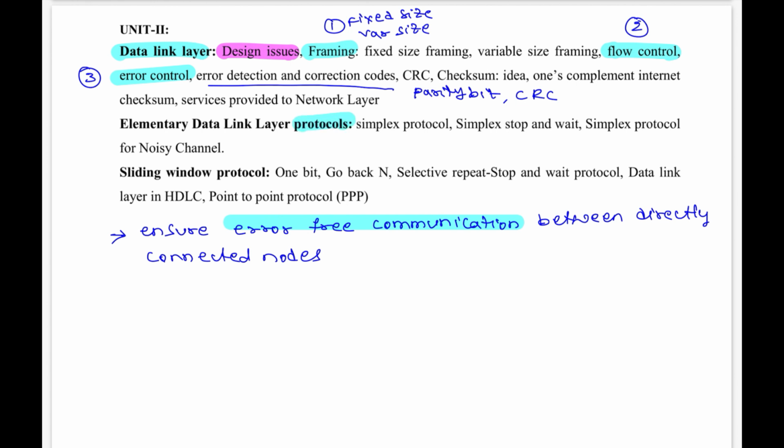Protocols in the sense we are going to study the simplex stop and wait protocol, go back N and selective repeat, sliding window protocol, and the HDLC protocol we will study. HDLC means High-level Data Link Control.